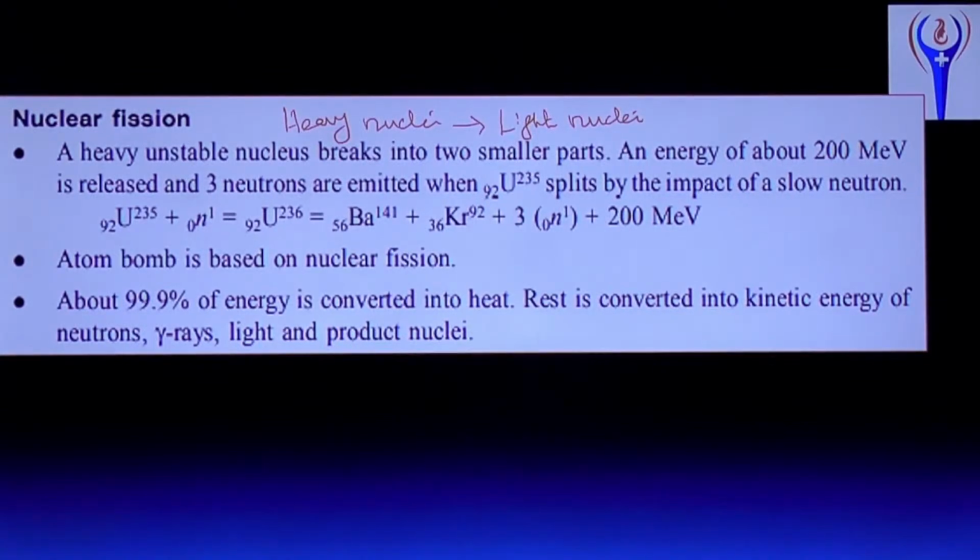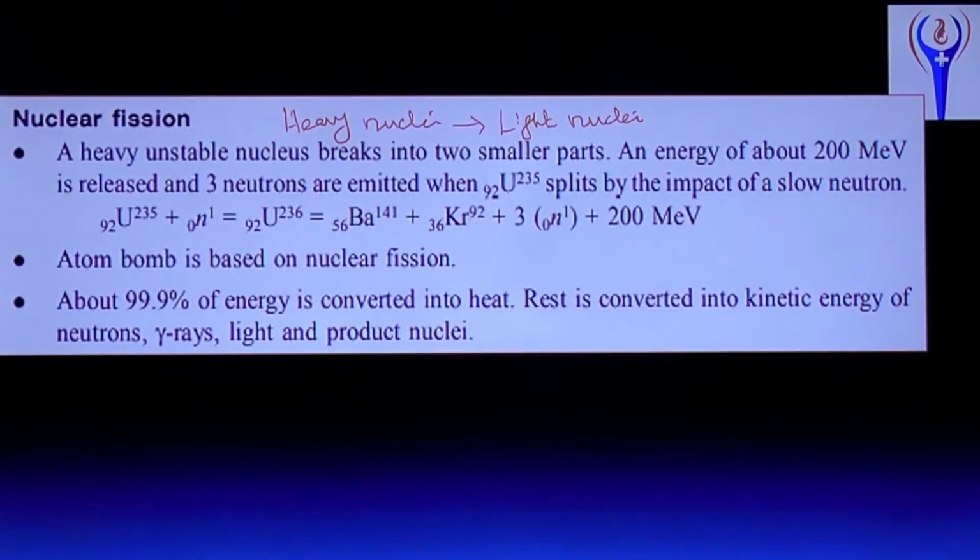An energy of about 200 MeV is released and 3 neutrons are emitted when U-92-235 splits by impact of slow neutrons. U-92-235, which is an isotope of uranium, is bombarded with a slow neutron or thermal neutron.